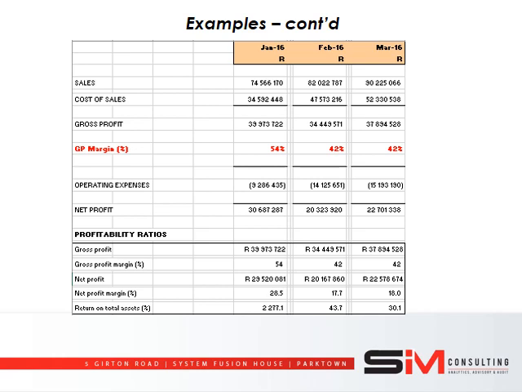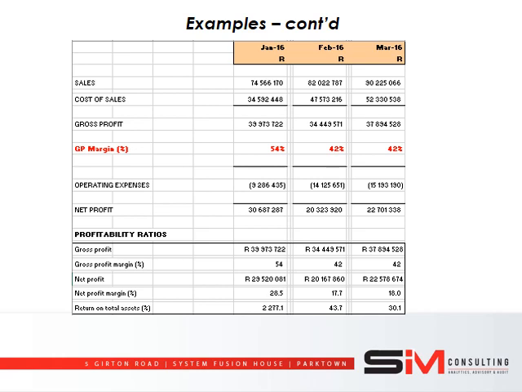In the month of January 2016, should we be asked to determine the gross profit of the company? We can see the gross profit of the company is 39,973,722 rands. How did we arrive at that? You can see it's a formula, as I explained to you previously, sales minus cost of sales.